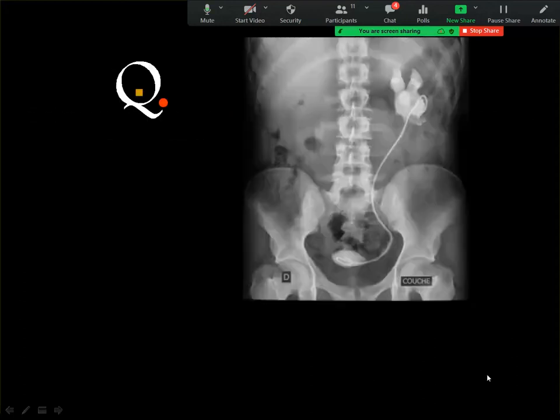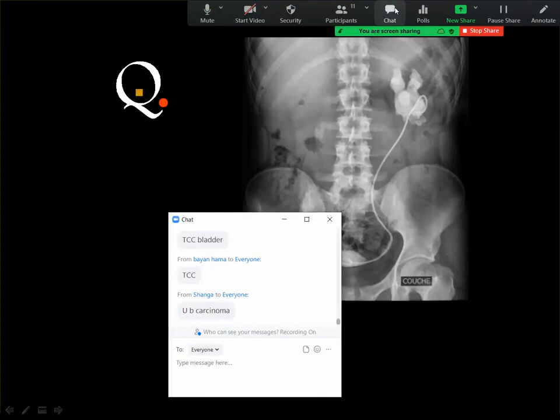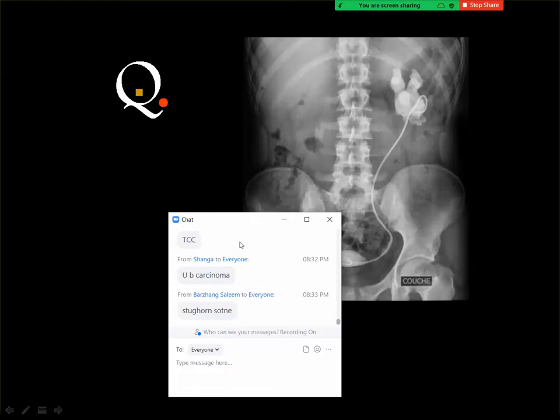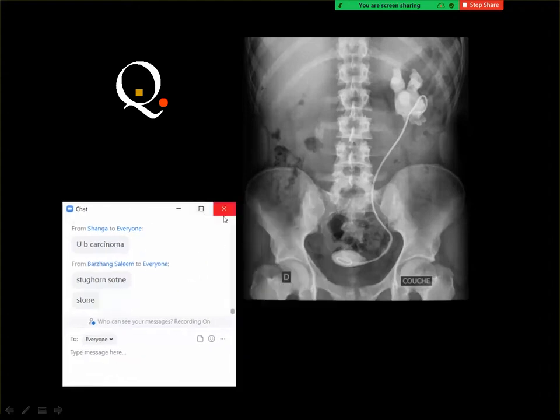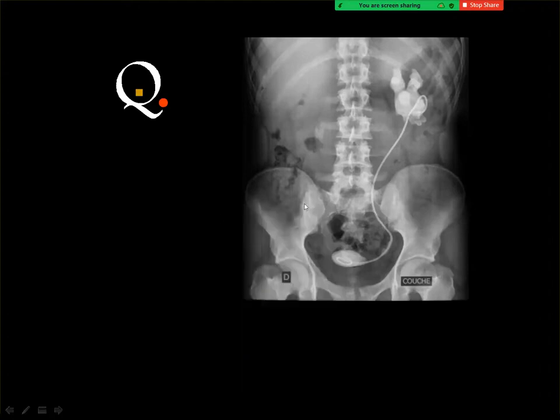Okay, and this is the ureteric stent on the left side. Whenever you see that the stent is complicated by the development of calculi in the kidney, and the calculi along the course of the stent itself in the ureter, and also calculi in the urinary bladder.